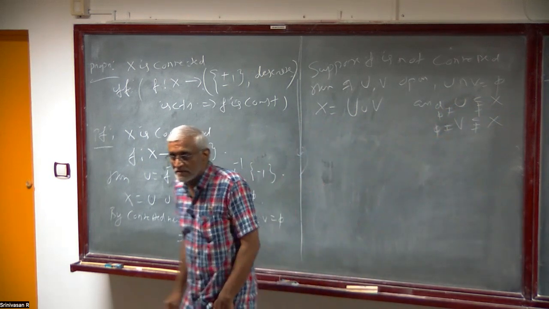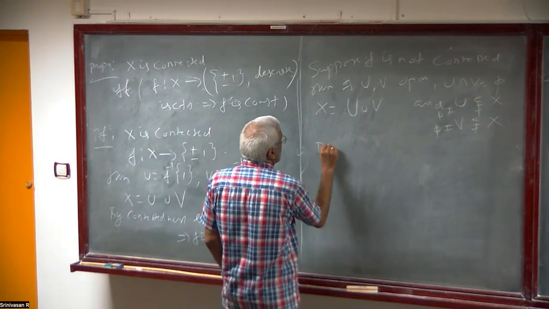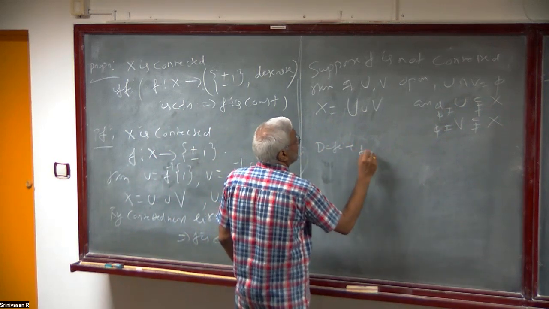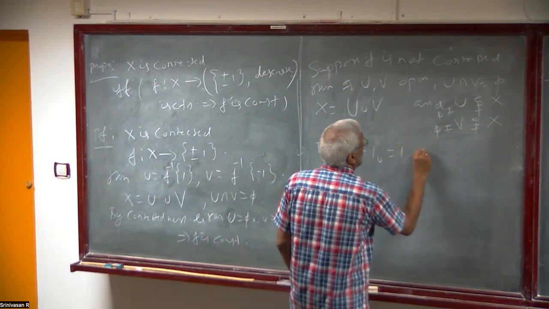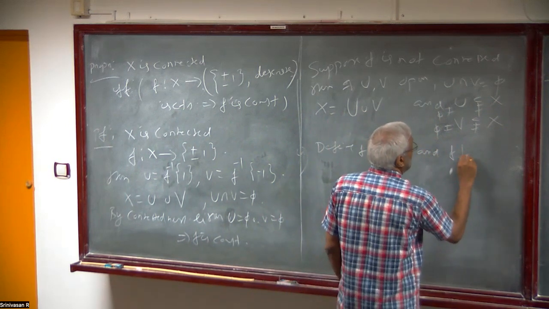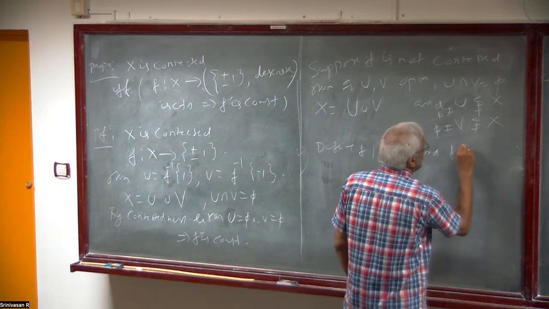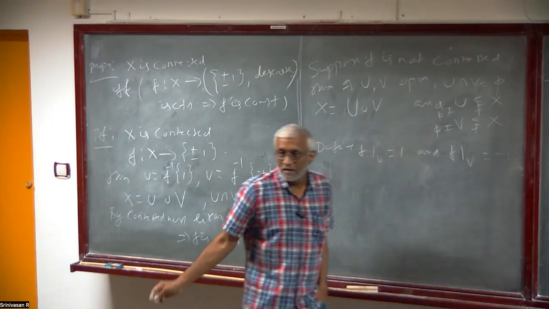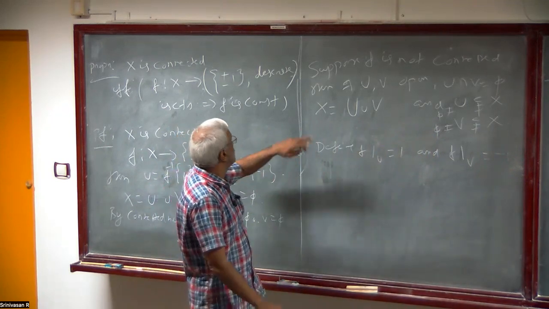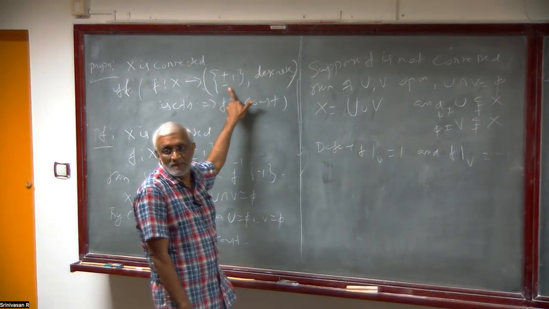Now you define f restricted to U equal to 1 and f restricted to V equal to minus 1. It is certainly continuous. There are only two open sets in this discrete metric space.